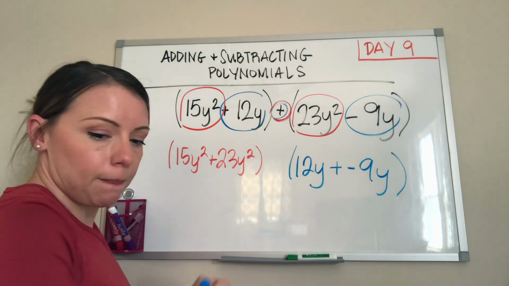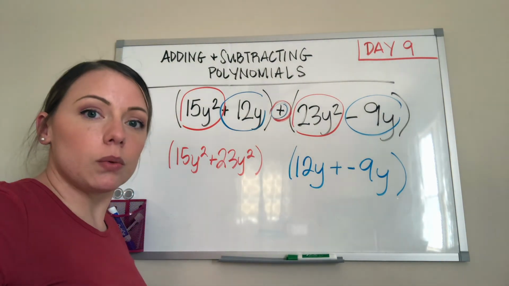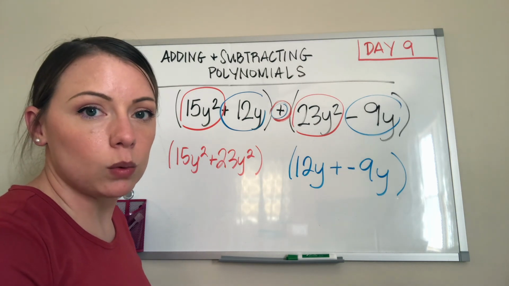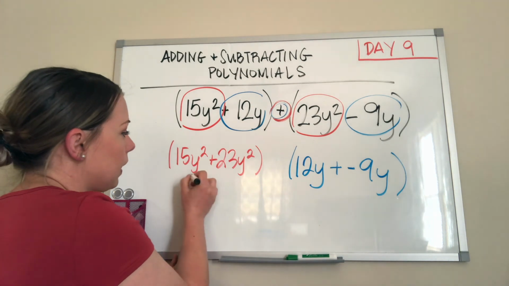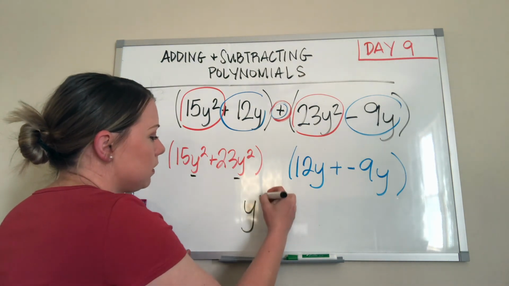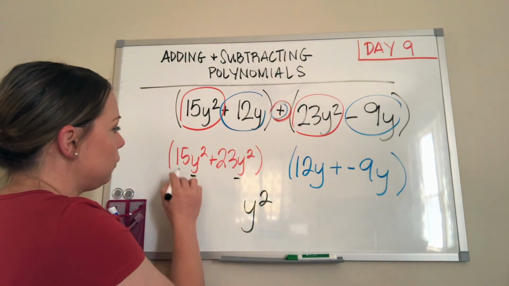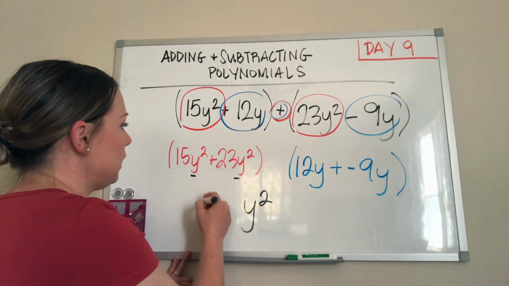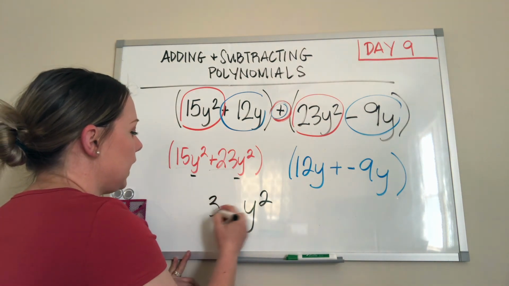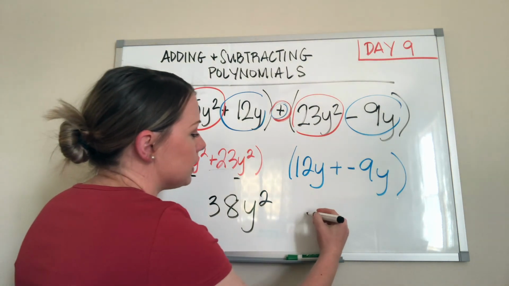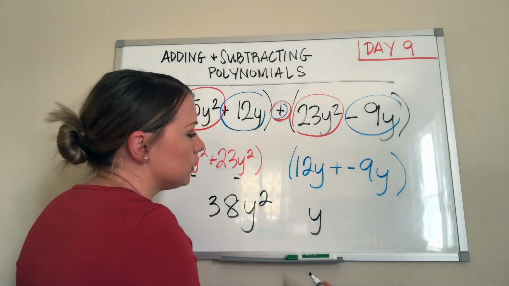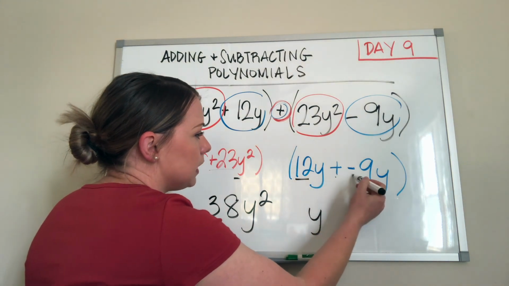All right, now we're just going to add those coefficients together or subtract them depending on the problem I'm given. So my y squared stays there, and then I'm going to do 15 plus 23, which would produce 38. So I have 38y squared, and then I still have y here, and then I have 12 plus a negative 9.